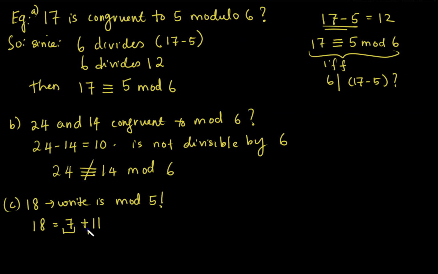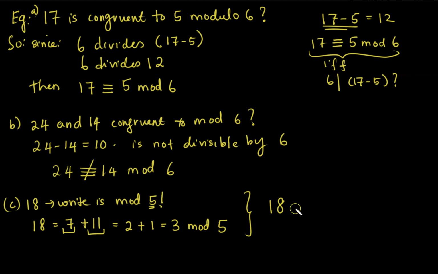So 7 plus 11 is 2 plus 1, which is 3 mod 5. In other words, the easiest way to understand mod is how many times can 5 go into 18?